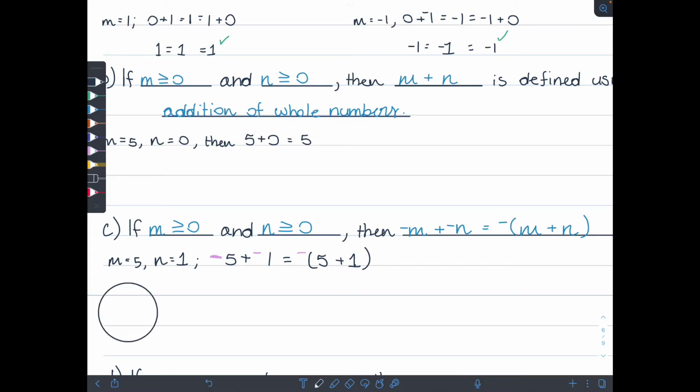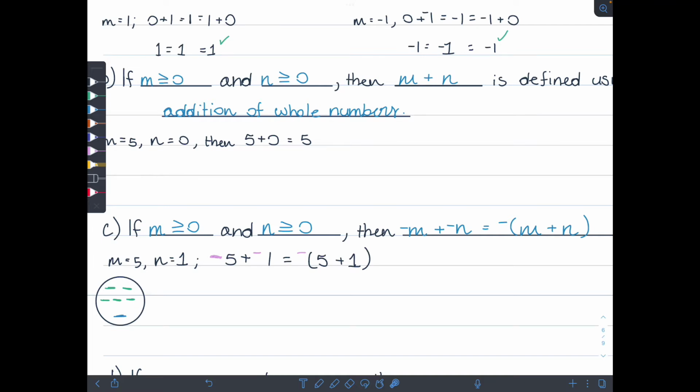If you're having a little bit of trouble, let's make a little image to represent this. We have negative 5 little negative signs or charges, and we have 1 other negative charge.